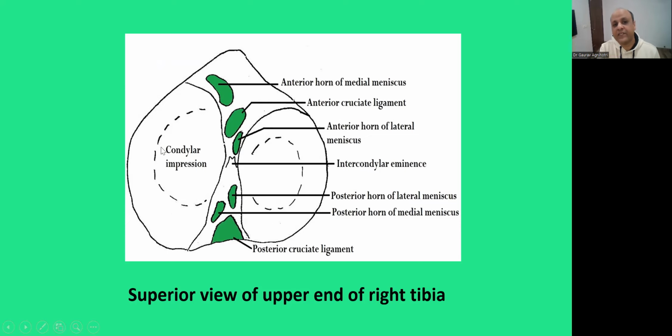Since it's semicircular, its anterior horn comes in this part, and its posterior horn comes in this part, so it is not coming near the center. The medial meniscus is semicircular, while the lateral meniscus is circular, with the anterior and posterior horns approximated to each other.